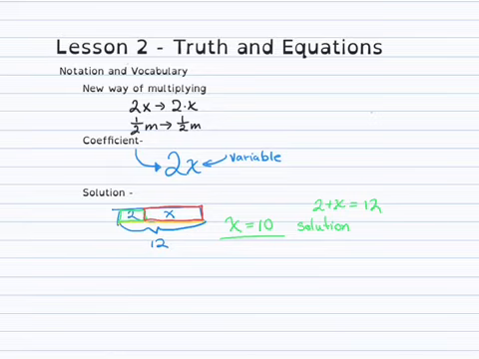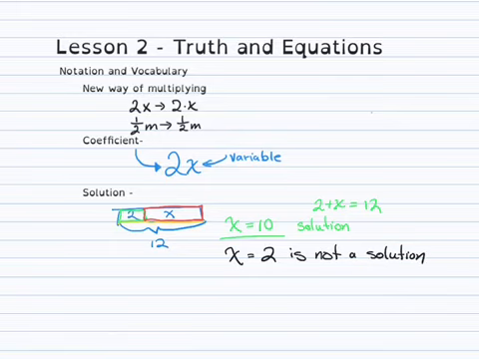In that exact same way, you could say x is equal to 2 is not a solution, because 2 plus 2 does not equal 12. So I'm going to cross that out so we don't get confused. So 10 is a solution; 2 would not be a solution. A solution is just a value that will make an equation true.